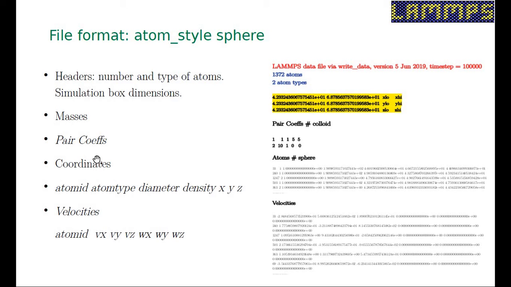So for this specific format, we use the following: atom ID in the first column, atom type in the second column, then the diameter, the density, and the Cartesian coordinates of the particles.